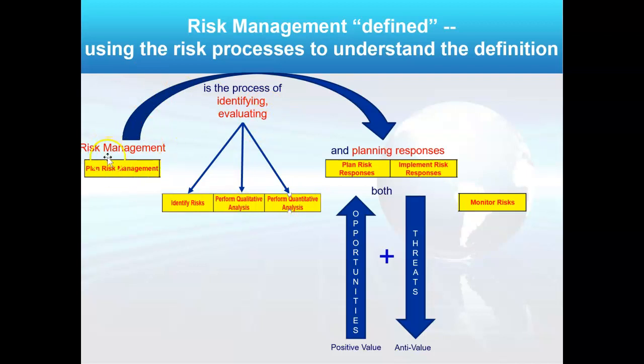So risk management means planning. Risk management is the process of identifying and evaluating and planning risk responses. And so much of what we've already just talked about is covered here. So risk management, which involves planning, right? Risk management is the process of identifying and evaluating.